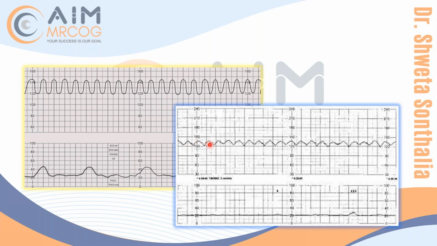So it's 10 beats, somewhere between 5 to 15 beats it should be, and it should be 2 to 5 cycles per minute. So if you see, this is 1 minute, right? In 1 minute, you are seeing 1.5, like that. So it could be 2 to 5 per minute.